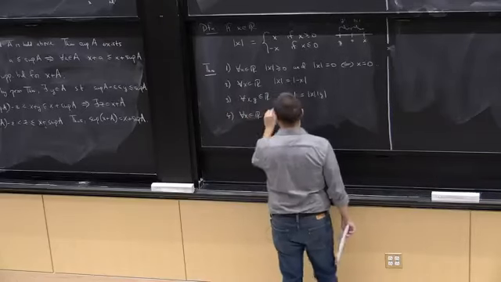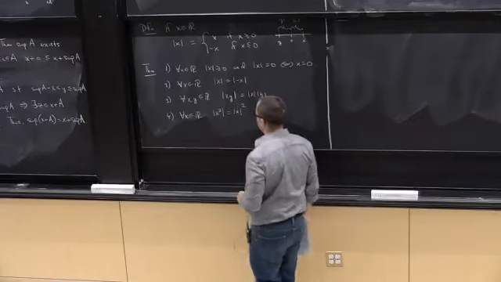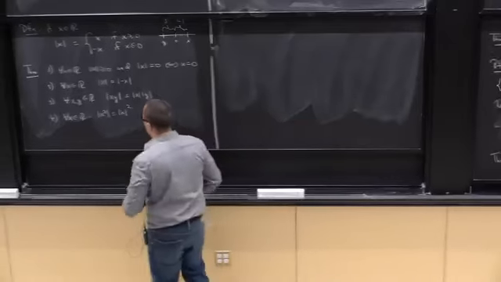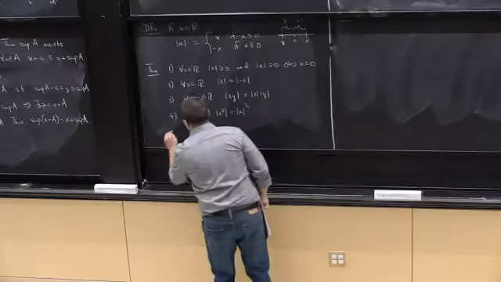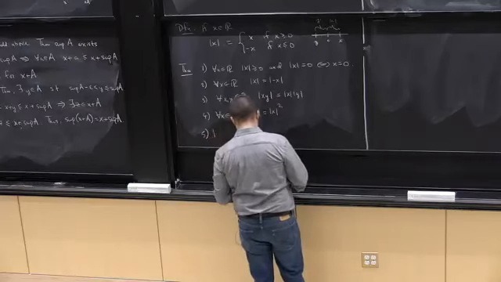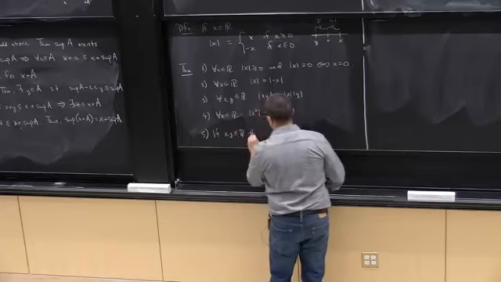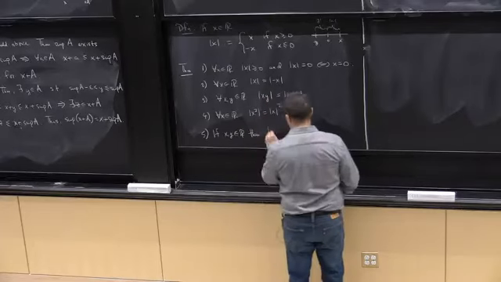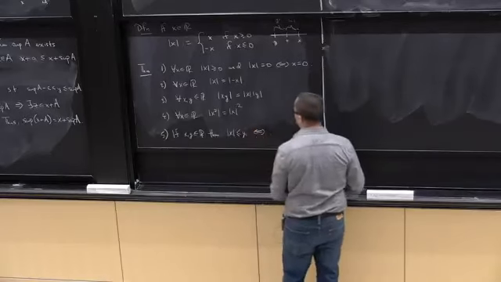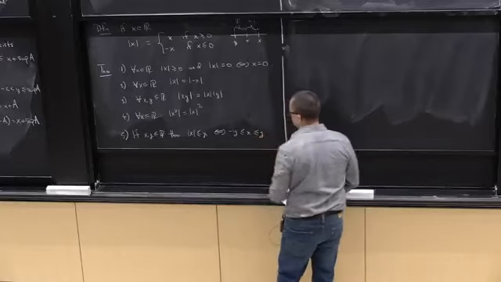For all x in R, the absolute value of x squared equals the absolute value of x, squared. The fifth property is if x and y are in R, then the absolute value of x is less than or equal to y if and only if minus y is less than or equal to x is less than or equal to y.